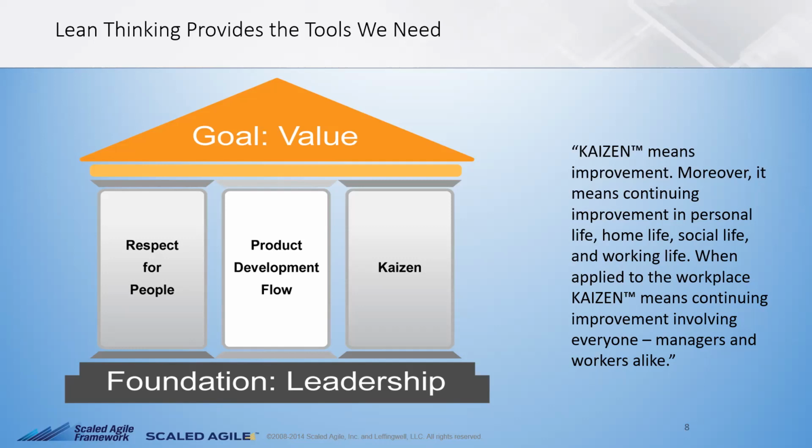Moreover, it means continuing improvement in personal life, home life, social life, and working life. So in Japanese culture, they normally segregate these four types of life you live in a given day: personal life, home life, social life and working life. If you look at these sets, this is what we have understood in terms of project management influence areas. You can influence yourself to a great extent, so that's personal life.